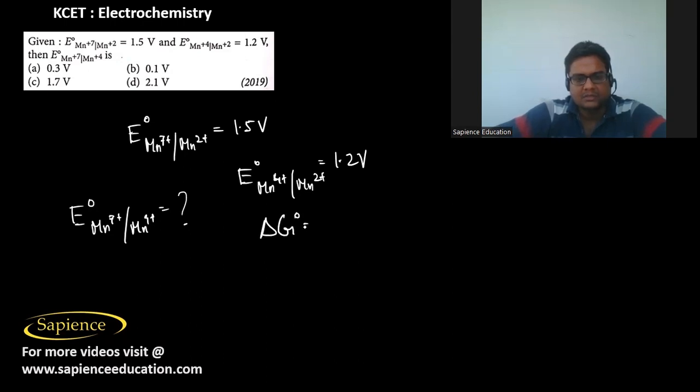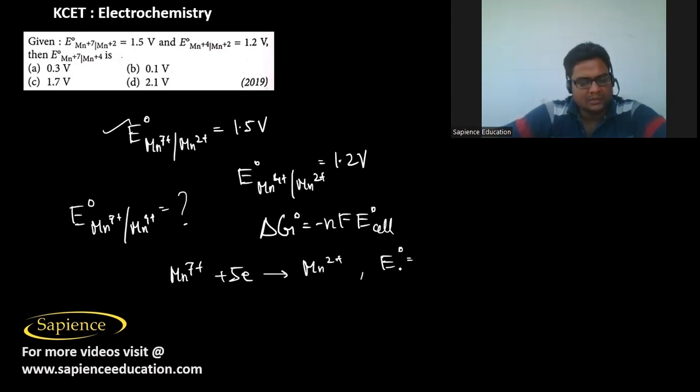So now as we know that delta G naught is equals to minus NF E naught cell. So here in the first reaction, Mn7 plus ion will gain 5 electrons to form Mn2 plus ion, and here the E naught value, let's call it E naught 1, is 1.5 volt.